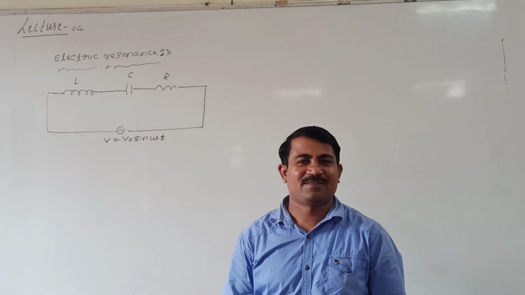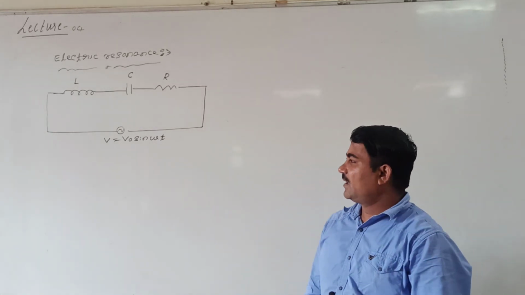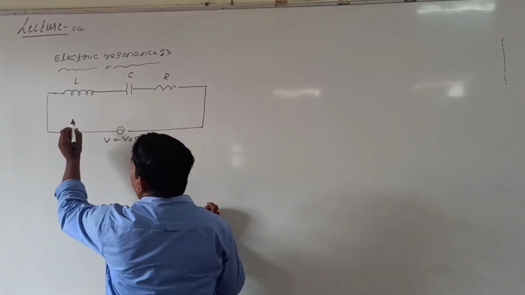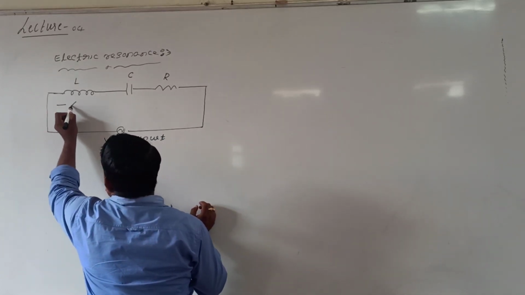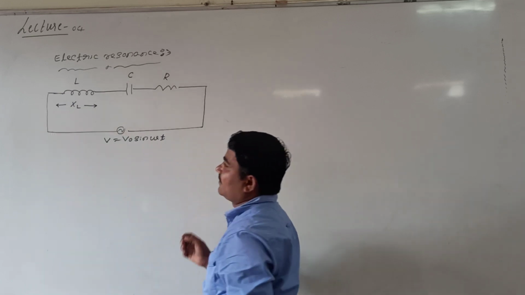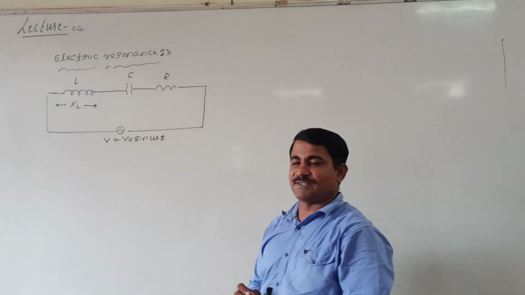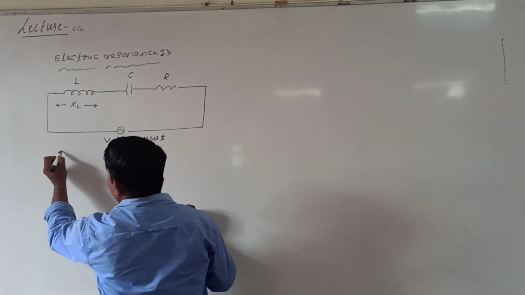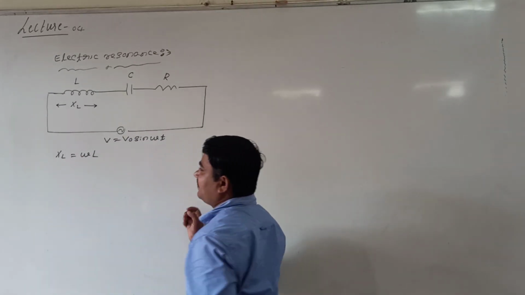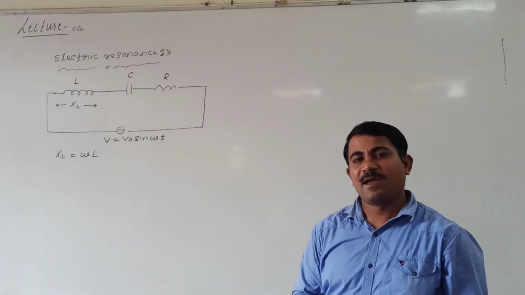This we obtained, right? See here, the opposition offered by inductor to flow of AC, this we can call inductive reactance. What is inductive reactance as a value? XL is equal to omega into L, right?